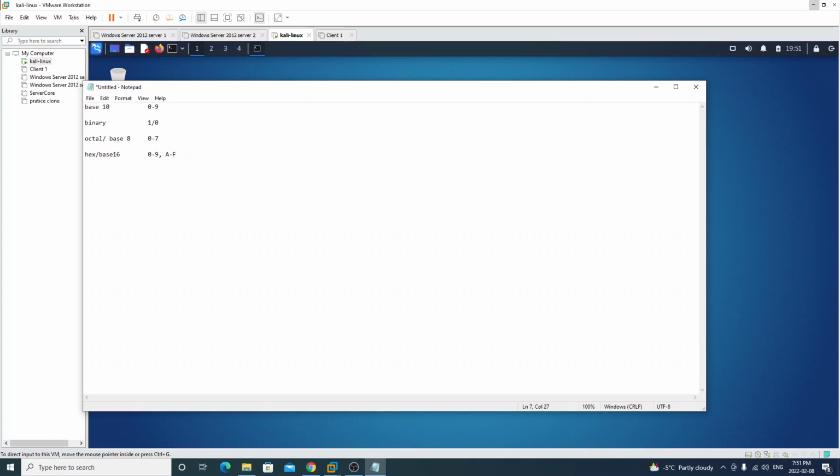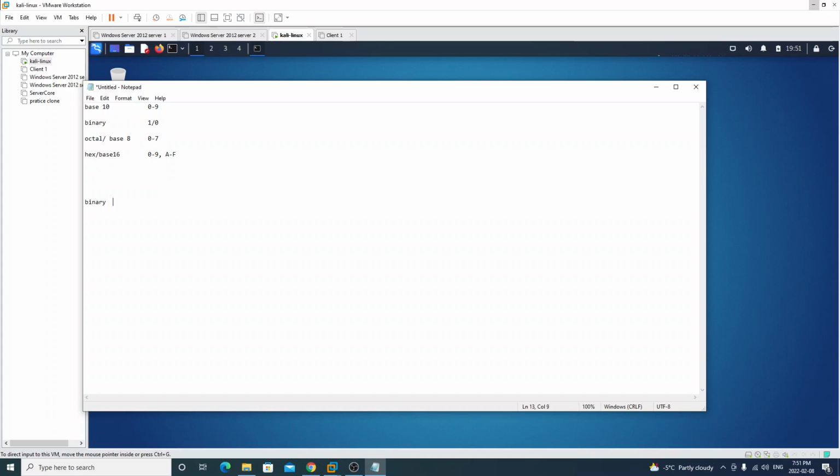Now, how does all of this work? I'm not sure if I can put this all in one video, but basically base 10 is like the decimal system. So it's like our regular numbers that we use, so I'm not going to go over that. But first I can go over binary. Binary operates in ones and zeros.